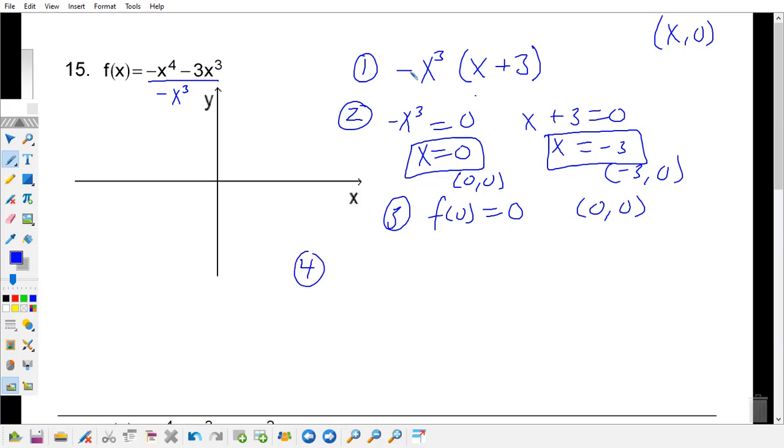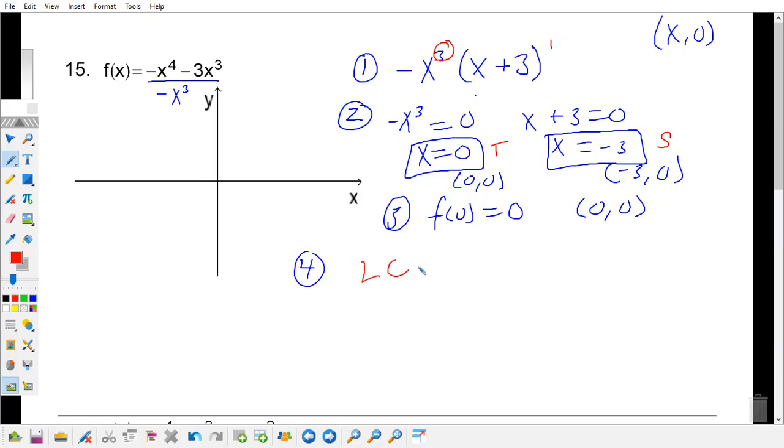Step 4 is multiplicity. So at x equals 0, I have a triple multiplicity. Why? Because of that 3. At x equals negative 3, I have a single multiplicity, because of the 1 just chilling up there. Multiplicity is done. Next is your end behavior.